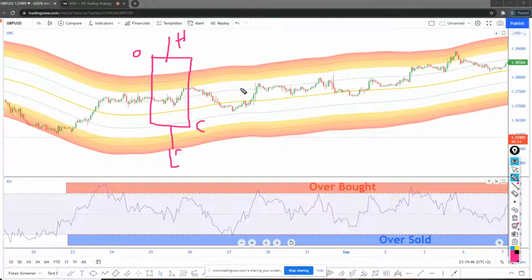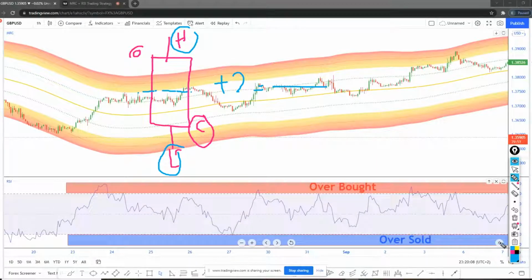So basically you can use the close. Most indicators use the close price, some use the open, some use the high, some use the low. Other indicators take the high plus the low and divide it by 2, and this gives you exactly the middle of the candle.